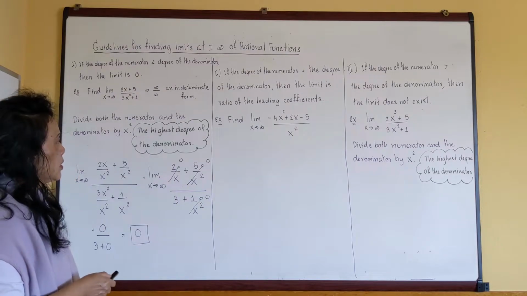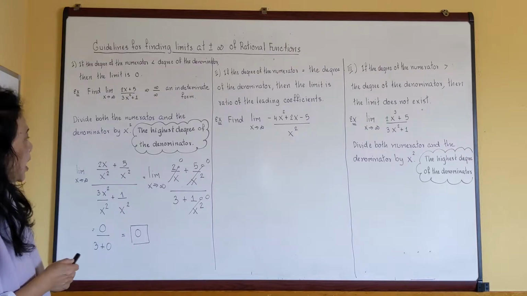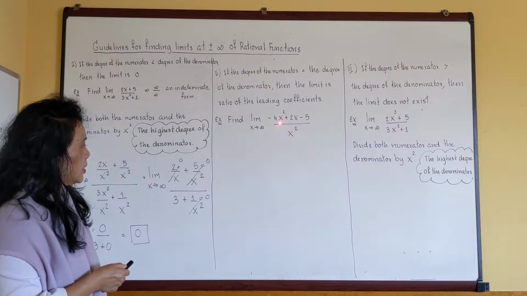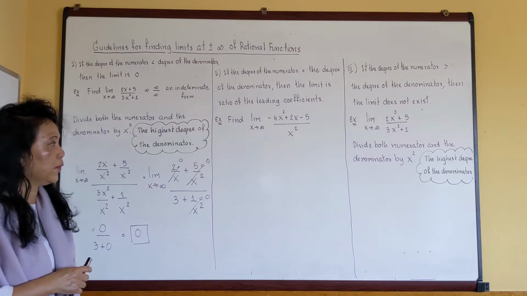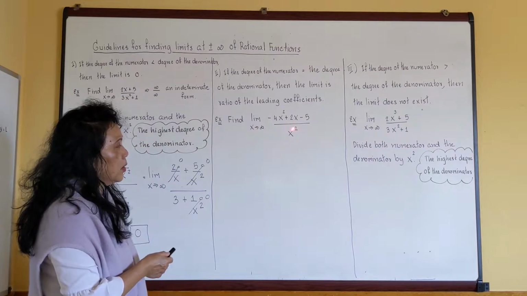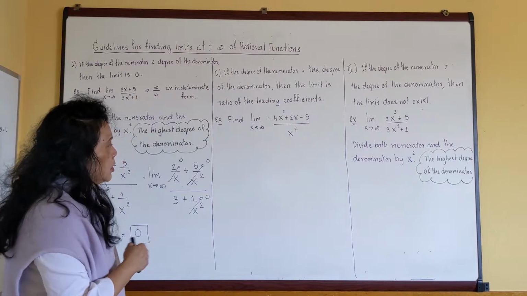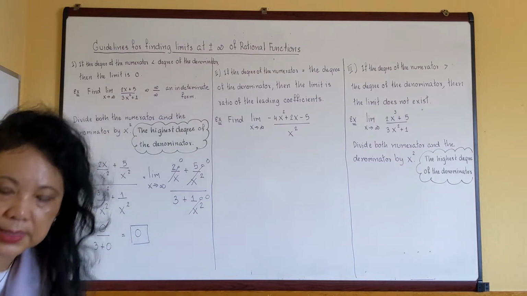One way to do this, you can do a similar thing that we did in the first example by dividing everything by x squared on each term. Then you're going to get negative 4. Or because I have only a monomial in the denominator, I'm going to break it down into 3 terms. That will be much easier. Let's take a look.